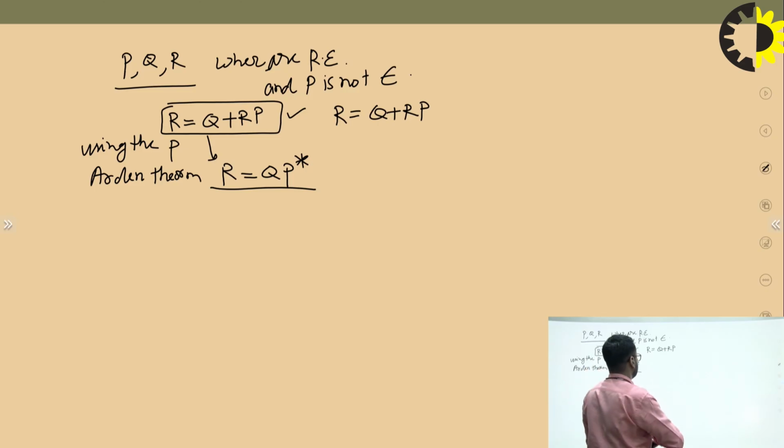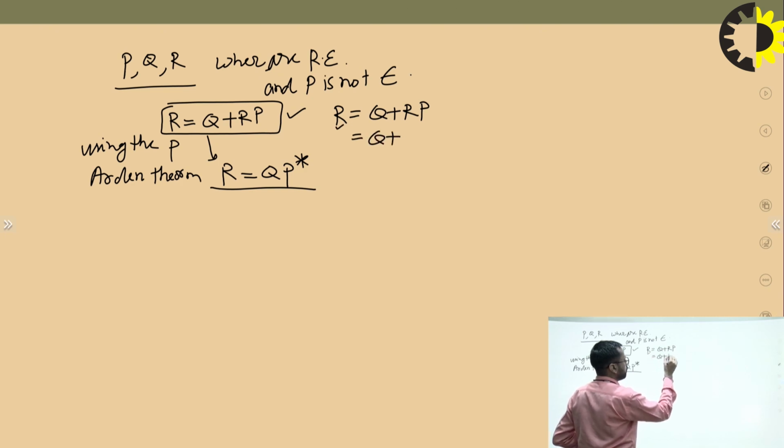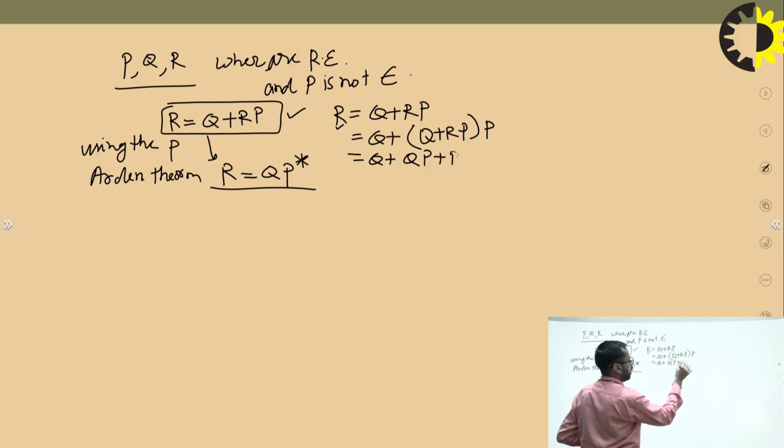If we substitute this value of R on the right side, the resultant will be Q plus (Q plus RP) P, which is Q plus QP plus RP square.